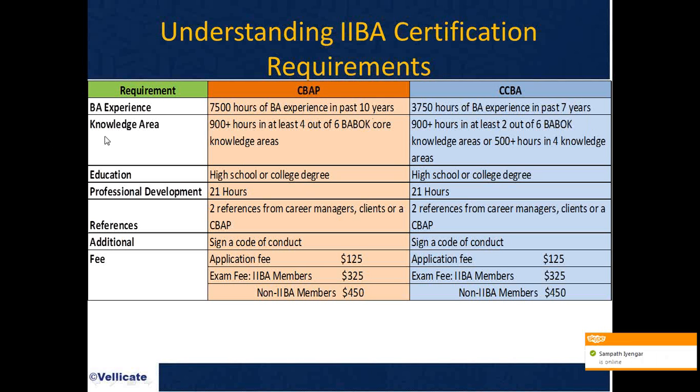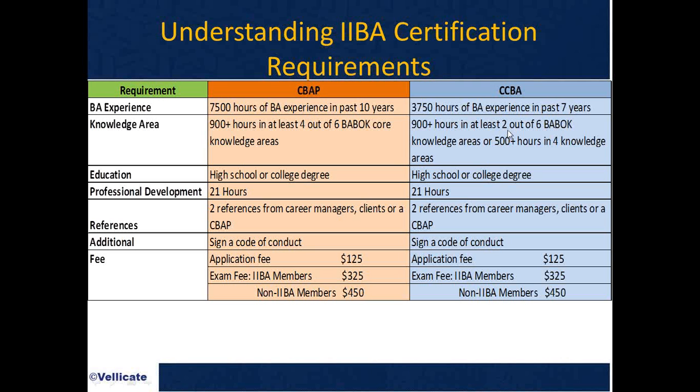Also, there is a requirement for knowledge area wise experience. You have 6 knowledge areas in BABOK, and CBAP requires a minimum of 900 hours of BA experience in 4 out of those 6 knowledge areas, because CBAP is for senior business analysts, and therefore IIBA expects that these business analysts would have worked in 4 knowledge areas for at least 900 hours.